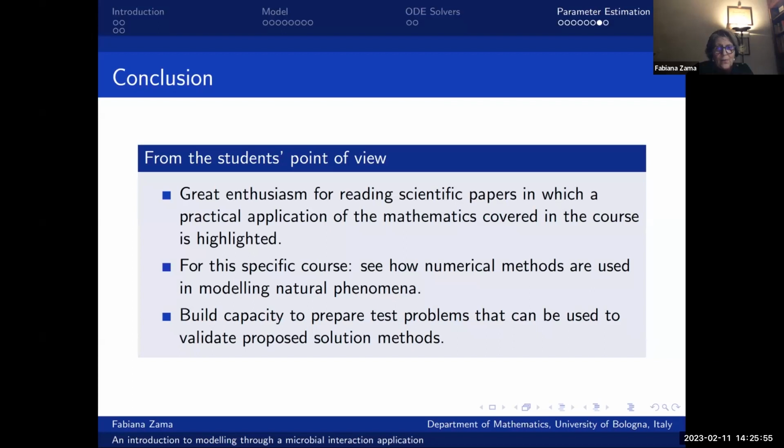They appreciated that they had to build test problems, because once you want to appreciate your model, you have to see if you are able to solve it and to define the quality of the model that you are preparing, because there are models where you have to see if it is possible to estimate the parameters, given the characteristics of your model.